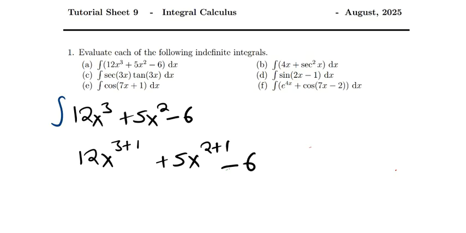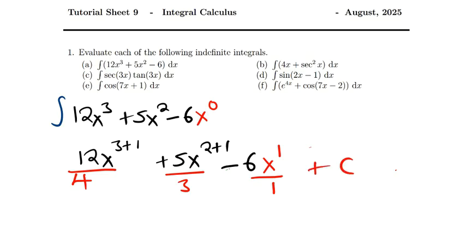Now when you see a constant, you will have to introduce an imaginary variable which is raised to the power 0, because you know that any number to the power 0 is a 1. So on the next stage it would just be to the power 1 when you add the 1 to the 0. Divide by the results. 3 plus 1 is 4, 2 plus 1 is 3, and that is just the 1, plus a constant c.